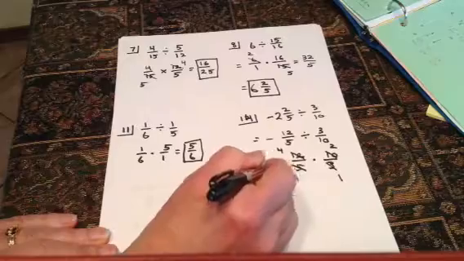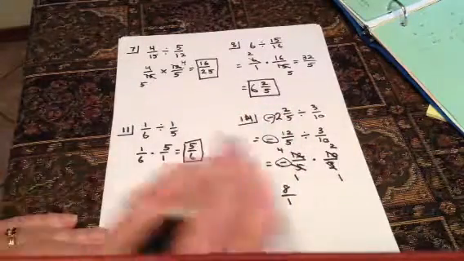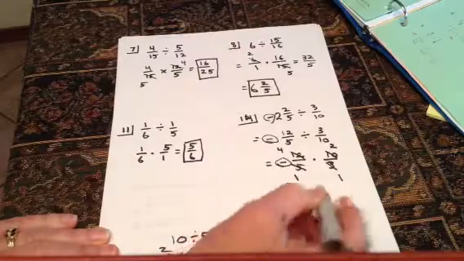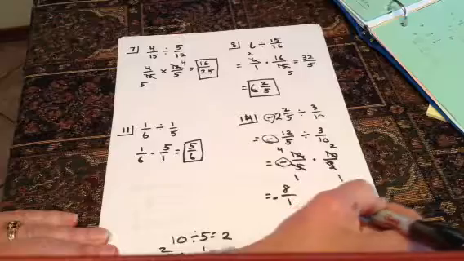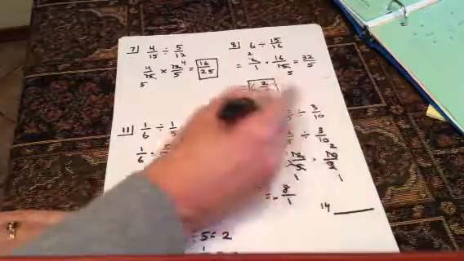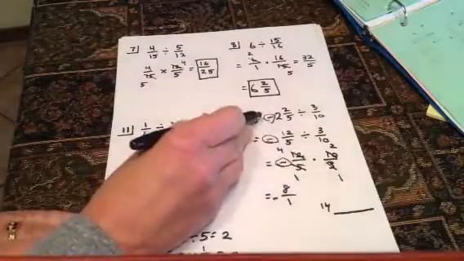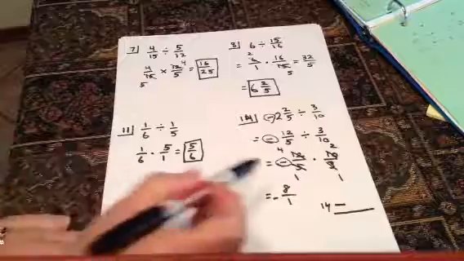Now here again, it's very easy to forget that what we have is a negative answer. So a lot of times when I start a problem like this and I see the answer blank over here, this was item number 14, before I ever start with any of this, most of the time I'll take that negative and I'll just go ahead and stick it there, and that way I won't forget.